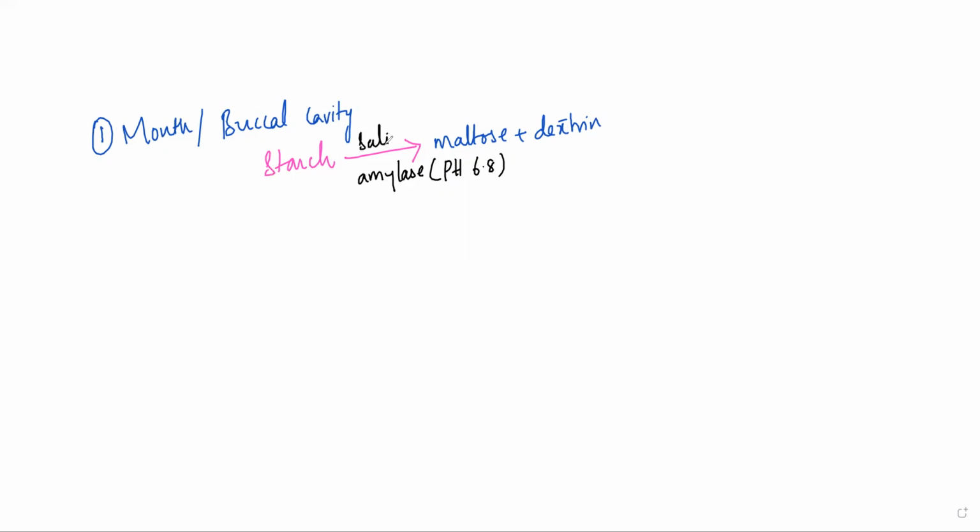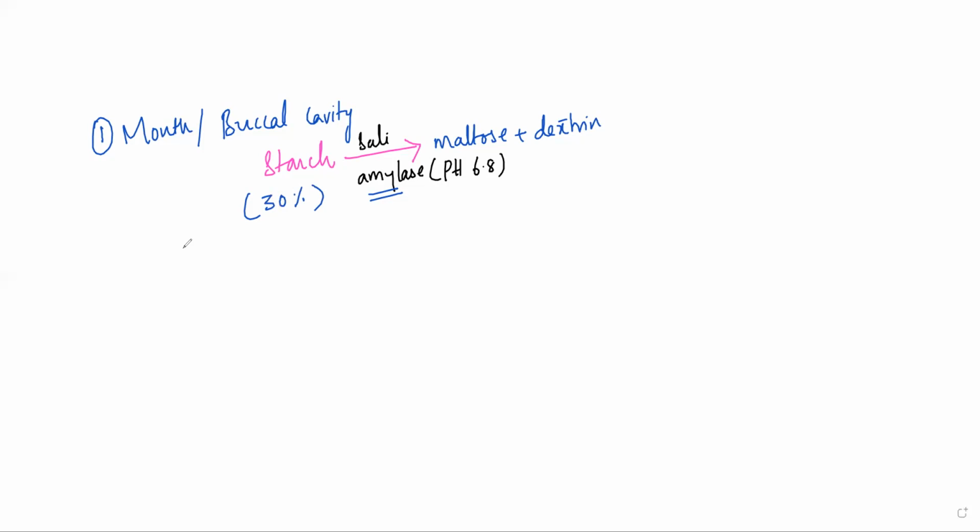And remember that your salivary amylase, which is also called ptyalin, works at pH 6.8, right? And you can see that only 30% of the starch is digested by the salivary amylase, getting converted into maltose and dextrin. And there is no action on the proteins, no action on the lipids.